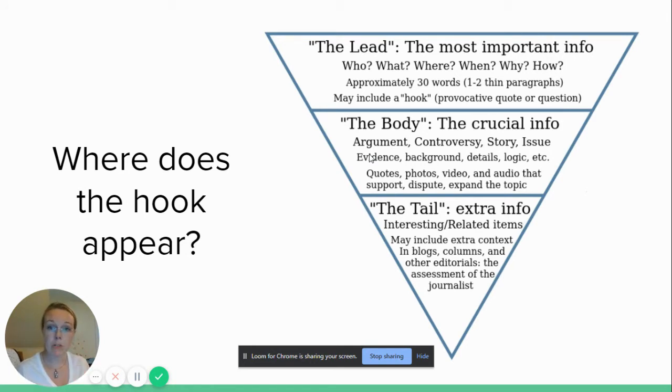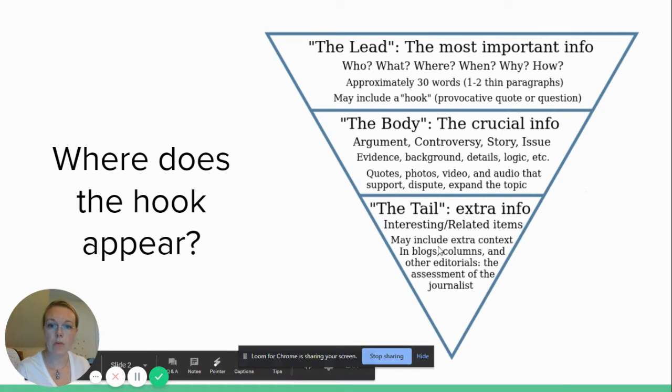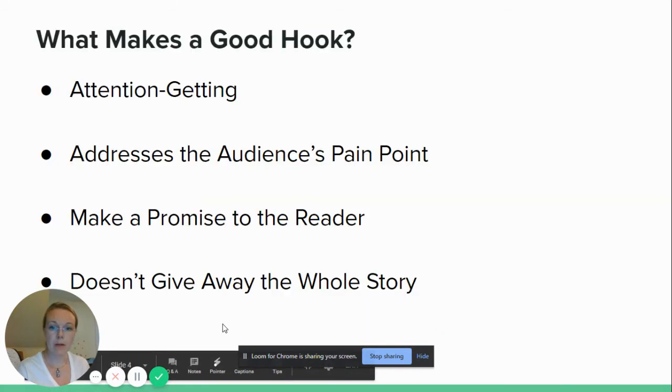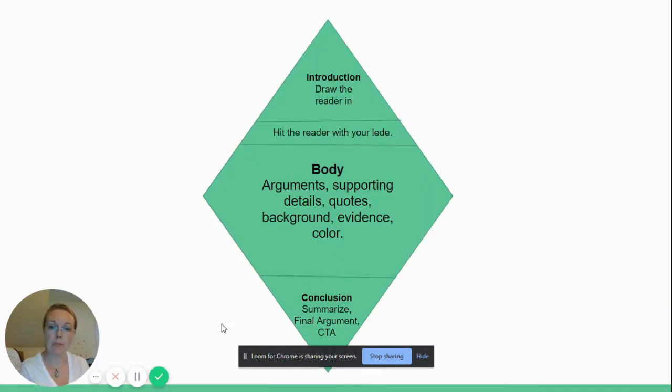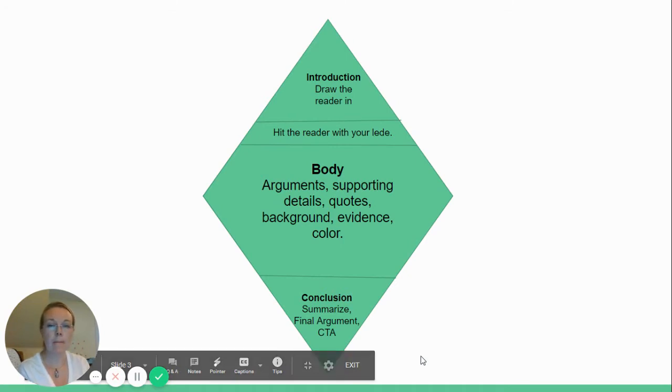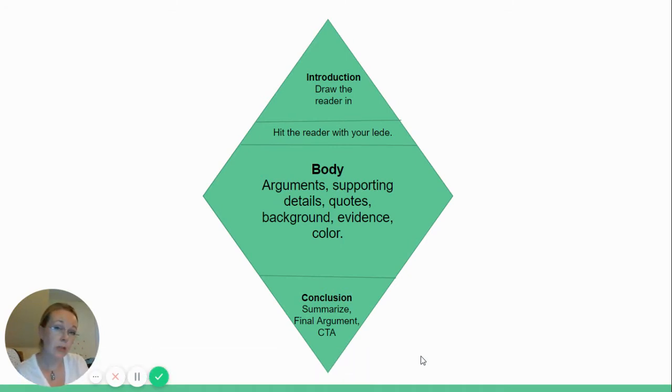If you're writing a feature piece, and this is my own made up little graphic, it's going to appear probably in the introduction, maybe.